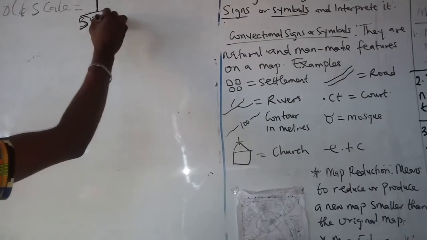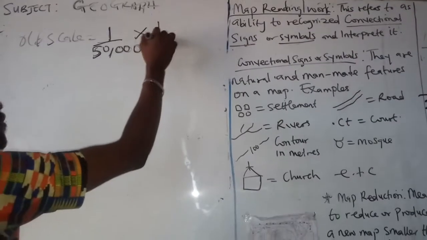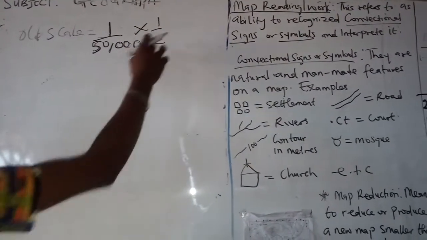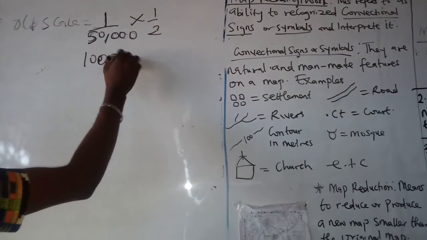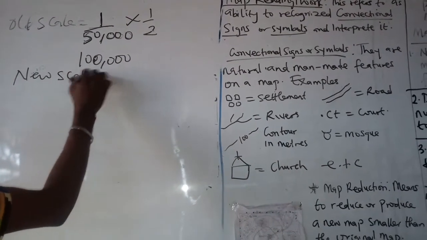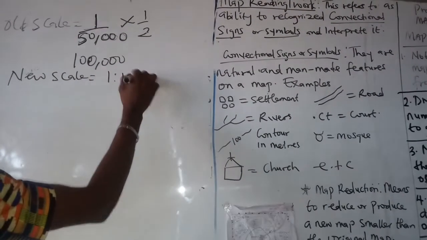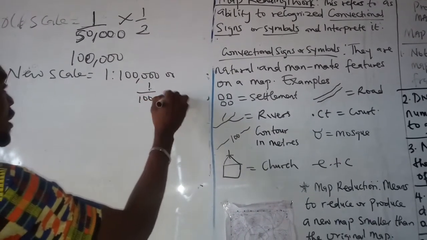Take note, that's the key word. By half. So by half now should be times 1/2. So multiply 2 by 50,000 gives you 100,000. So your new scale now will be 1:100,000 or 1/100,000.